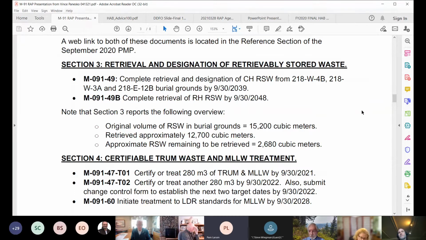We need to keep in mind that although the WIPP date has been extended to 2050, the new ventilation system is not in yet. It's going to be a couple more years. They're still permitting. And we've got waste in the central waste complex that has been retrieved. Obviously we need to be paying attention to those containers, but retrieving waste that doesn't have a place to go isn't the best thought.